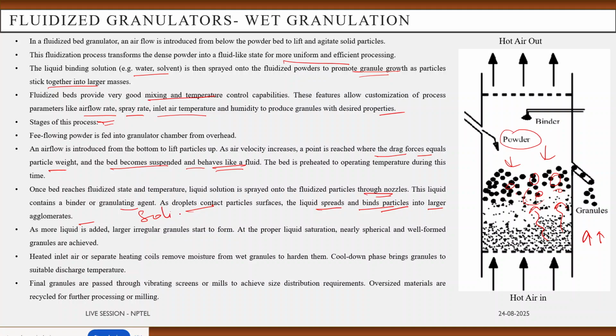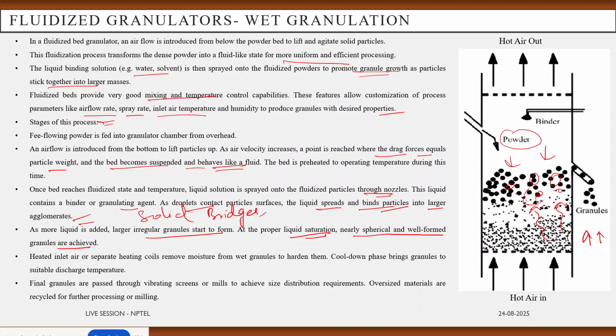Here solid bridges form and other kinds of interaction happen to make the agglomerates. As more liquid is added over time, larger irregular granules will start to form. At the proper liquid saturation, at a typical value, nearly spherical and well-formed granules are achieved.